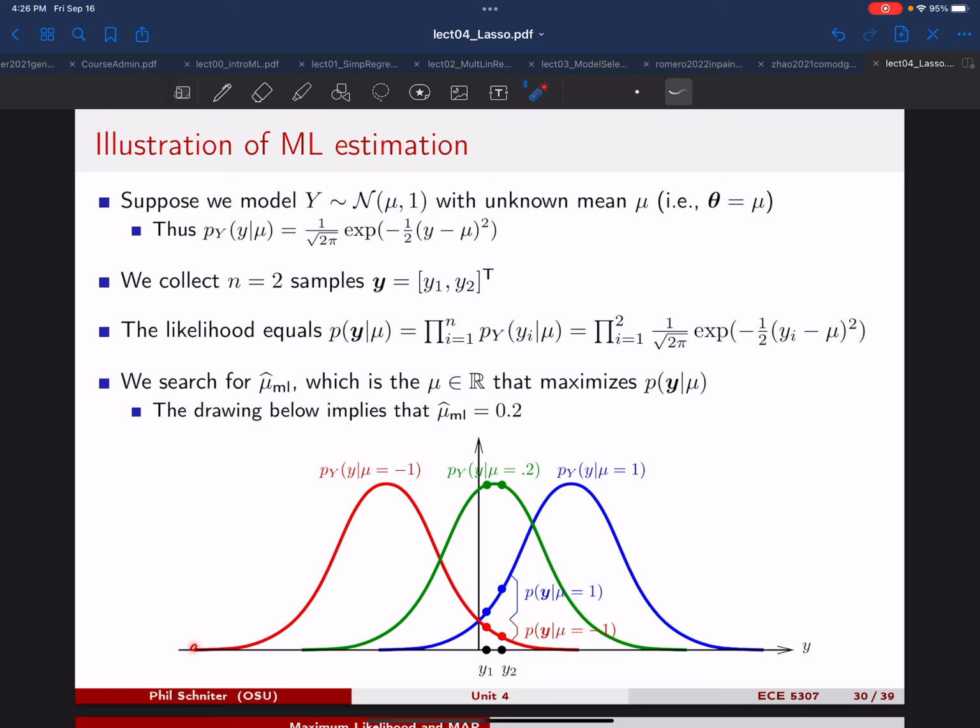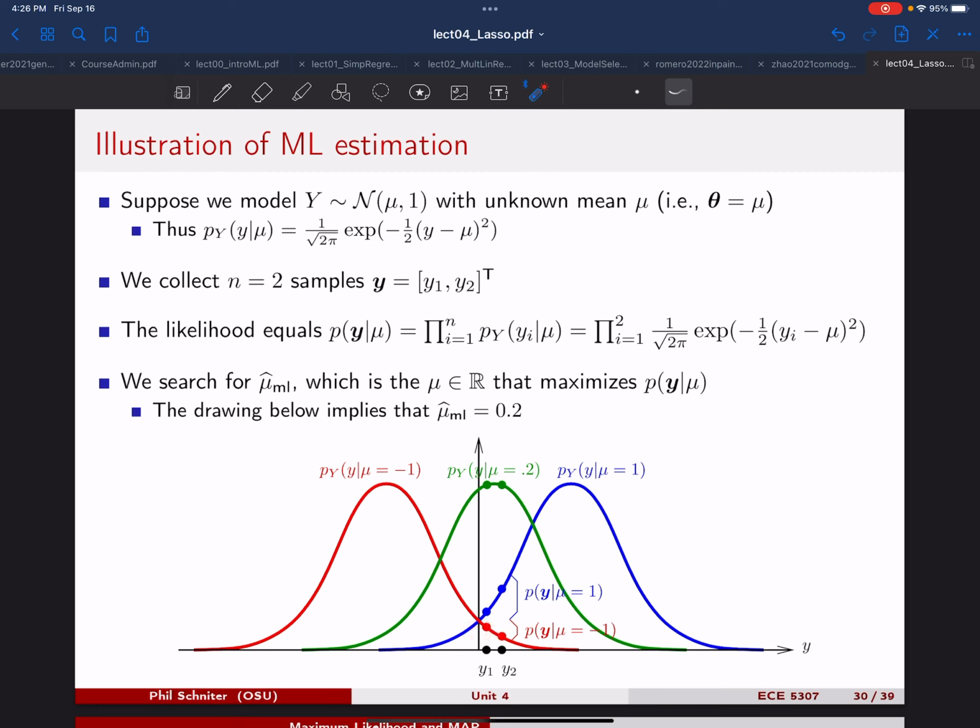Okay, so this is this PDF here when mu is -1, and this is just plotted for all possible y. To really turn this into a likelihood, we have to plug in the two y that we've observed, which are these two black values. So now we're actually talking about multiplying two numbers, which are these red dots, those heights.